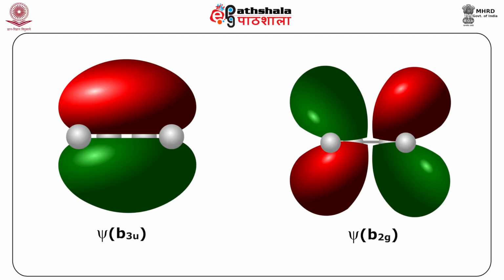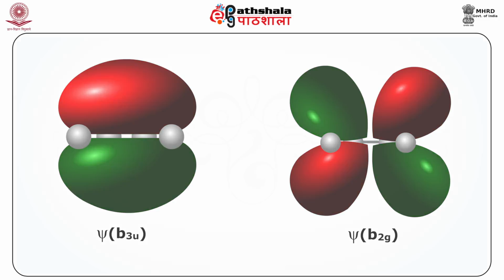This is a bonding orbital, and the one on the right, B2g, you find that the maroon and the green regions are separate from each other, so it is an anti-bonding orbital. So the one on the right is an anti-bonding orbital, it is the B2g orbital, because you find that the overlap is negative between the 2 carbon atoms. So we call it the pi star orbital, and the first one the pi orbital.